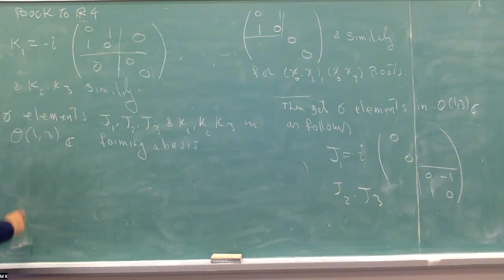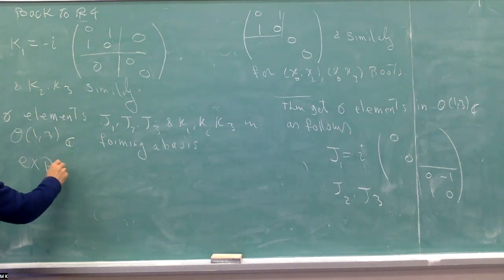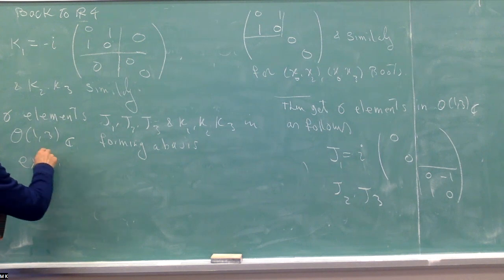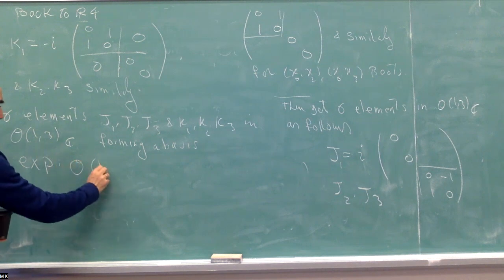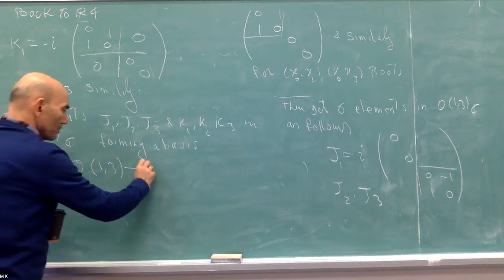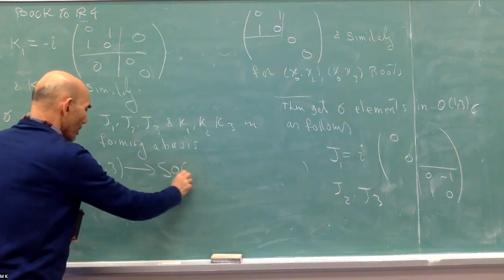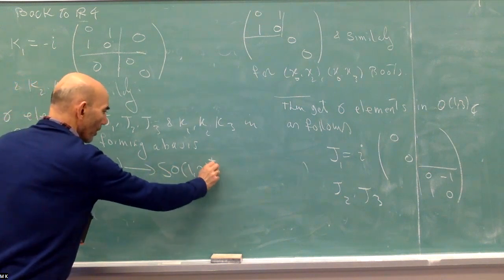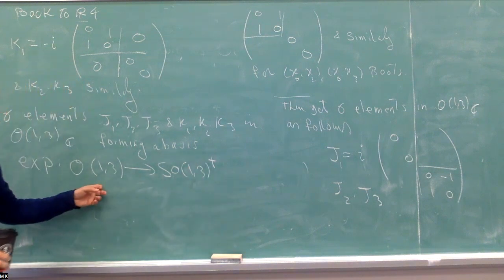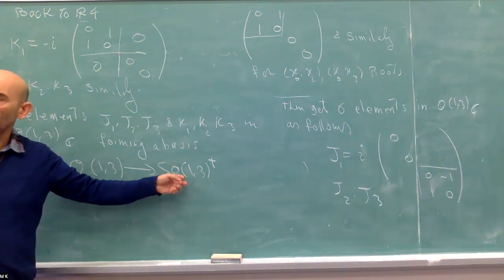Now, if you look at the exponential map from this Lie algebra into the Lie group, actually from the real part, O(1,3) to SO(1,3)+. The exponential map, we know, can only go into the connected component.